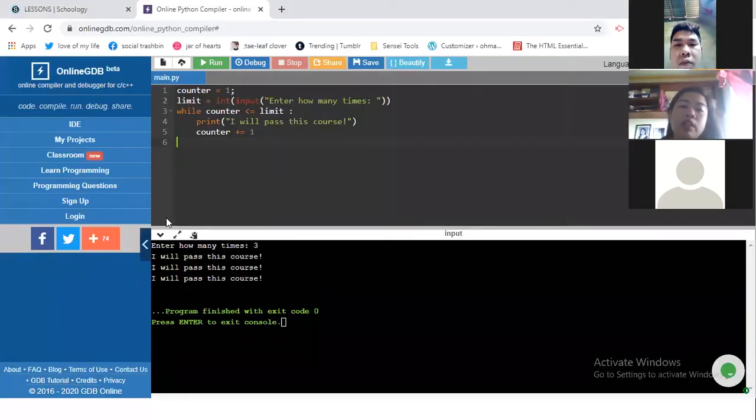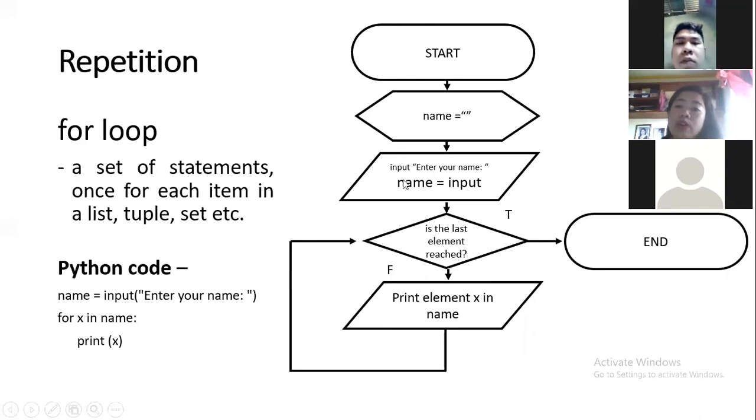Example, dun sa flowchart natin, we will enter name and then your name variable gets kung ano yung in-enter natin. Then read lang niya from start element, lahat ng members niya, to the last element.